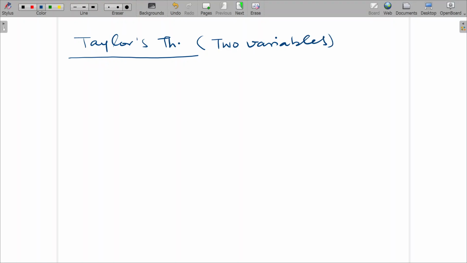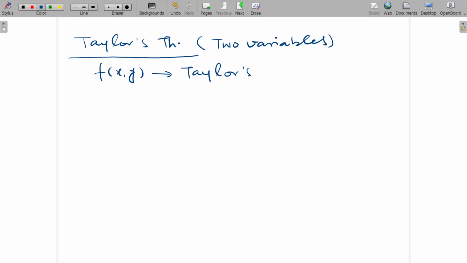The primary requirement for the expansion of any function of two variables, let's say f(x,y), which is a function of two variables, is that we have to expand this in terms of Taylor's expansion.